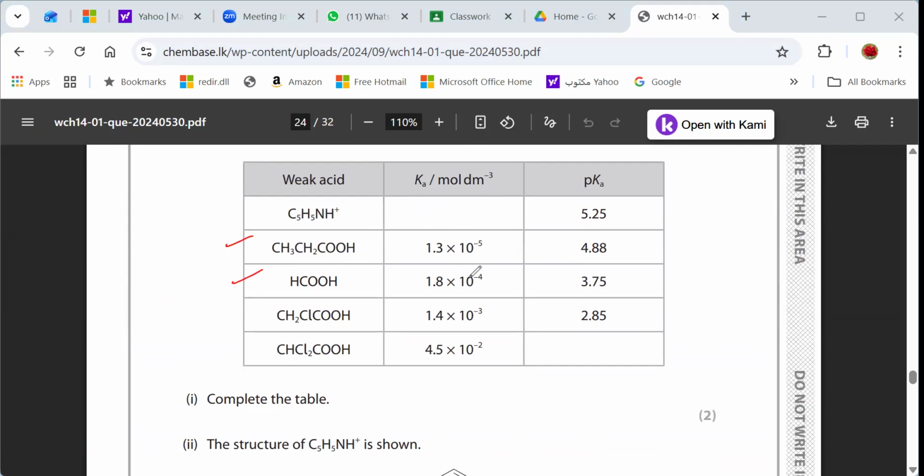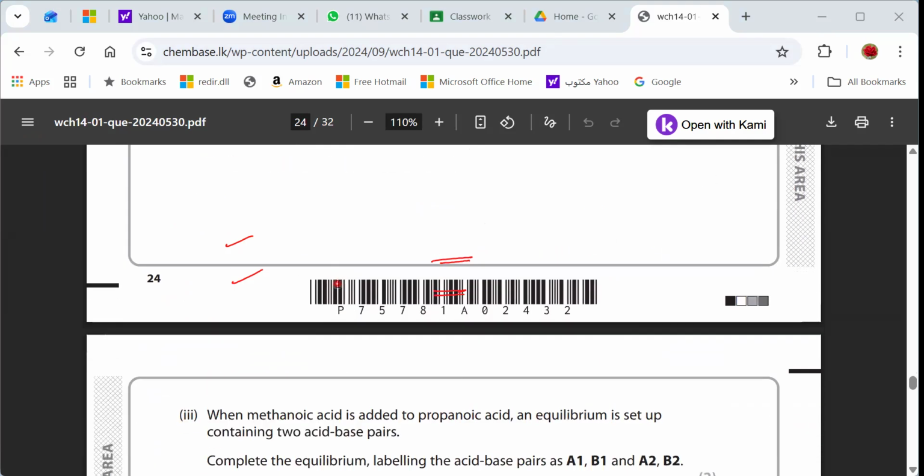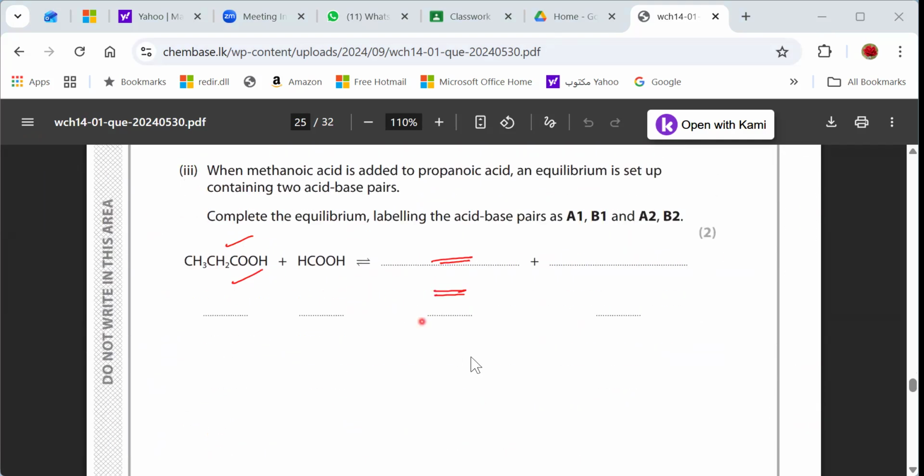We see that the Ka value of the methanoic acid is greater, or the pKa is smaller. So this means that methanoic acid is the stronger acid because the Ka value is greater. And so here, when we complete such an equation, the methanoic acid is acid 1 because it is the stronger acid.